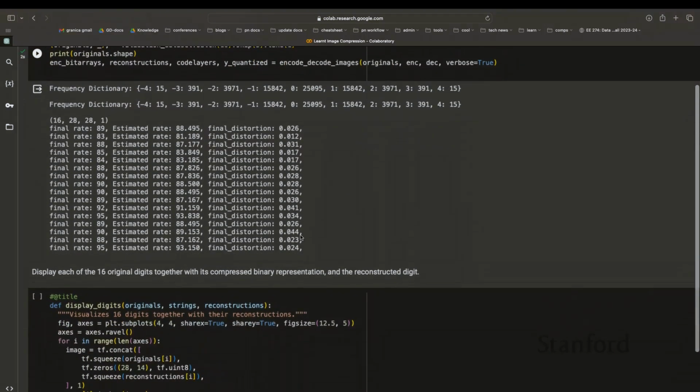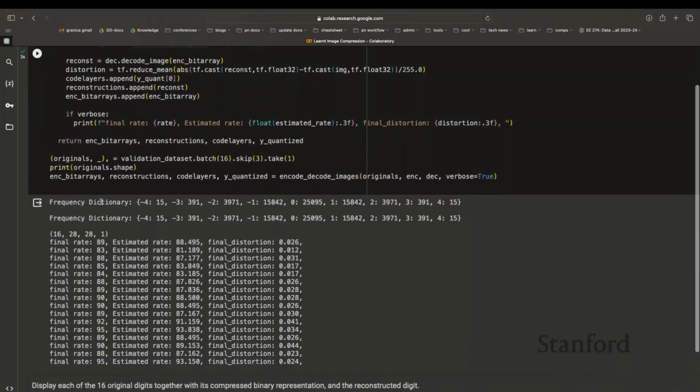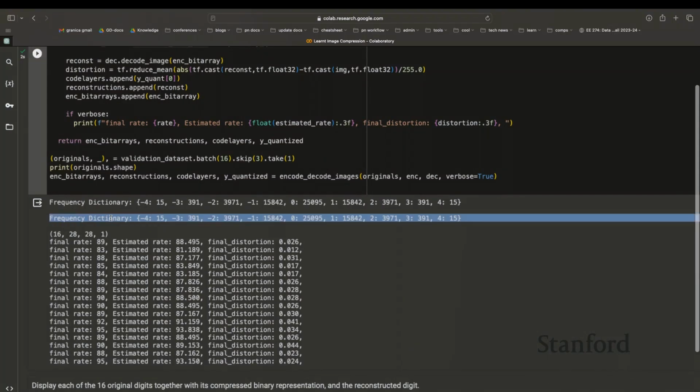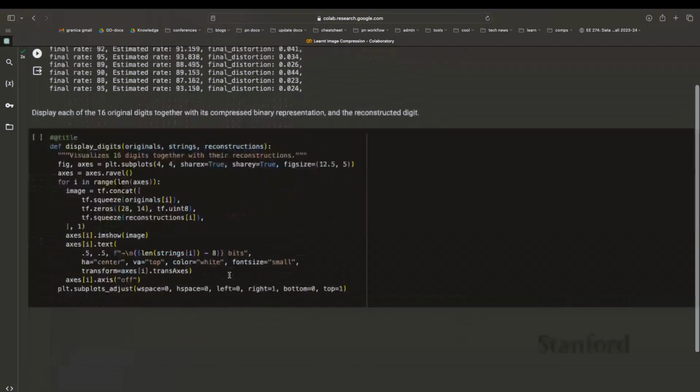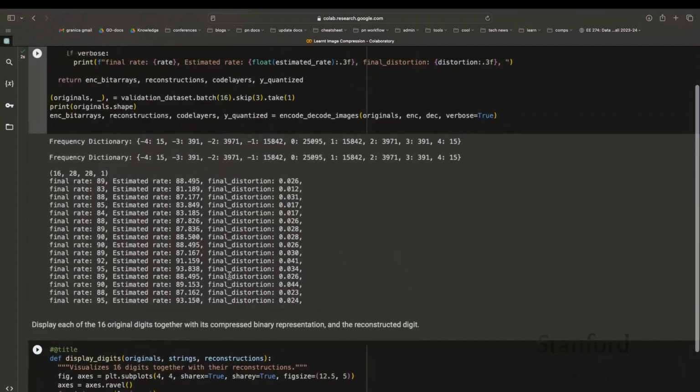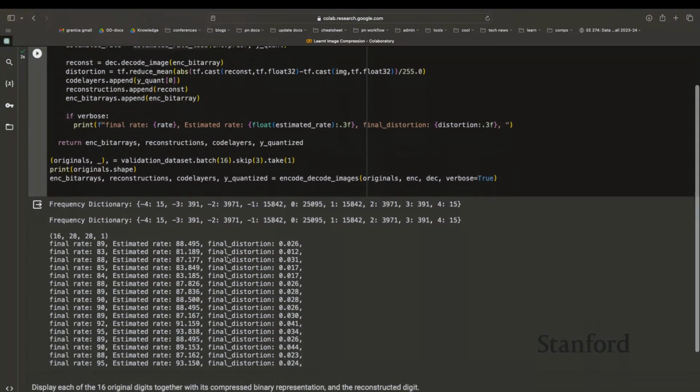The first thing you see is what the frequency dictionary looks like when you actually encoded some images. This is your actual frequency dictionary from the empirically encoded images.